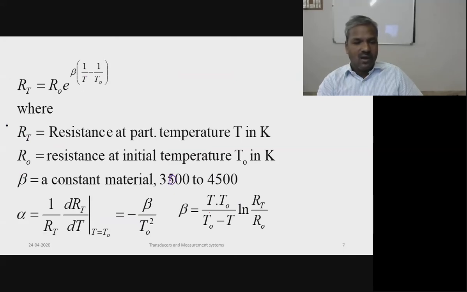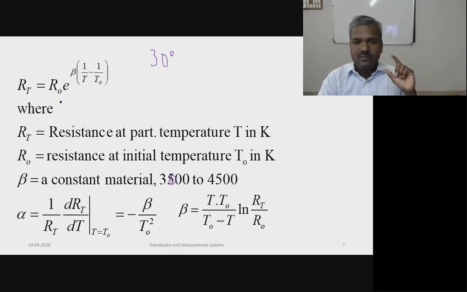One more thing: when we substitute the temperature value in RTD and other circuits, we can directly substitute degrees Celsius. Suppose we have room temperature of 30 degrees Celsius; in the RTD equations we can directly substitute it.